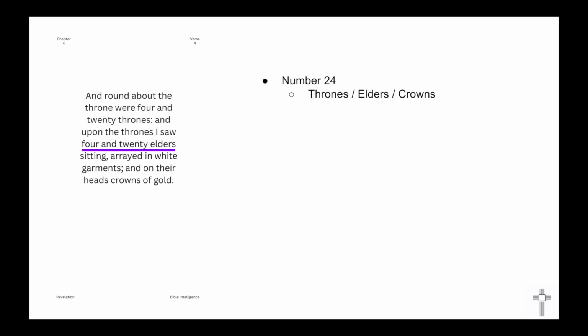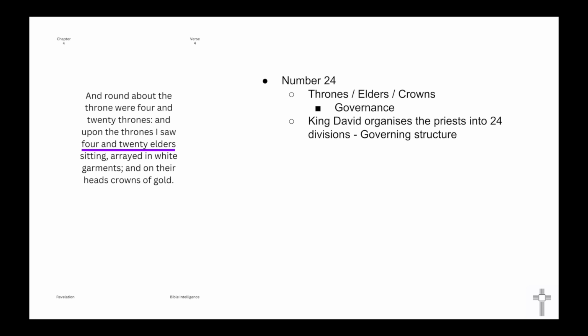Well, the fact that they're sitting on thrones, they're elders, and they're wearing crowns, to me, this all points towards this idea of governance. And we do see that King David organized the priests into 24 divisions. This was his governing structure. And I think it's just by coincidence that it's in 1 Chronicles chapter 24.